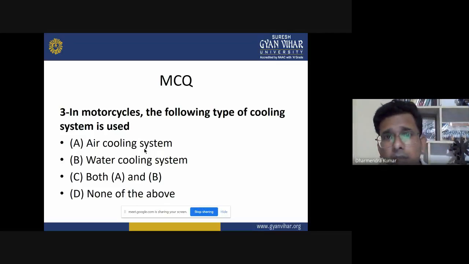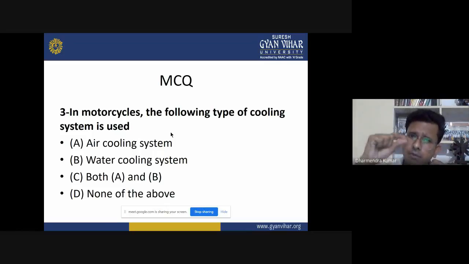In any motorcycle, the engine is located outside in the surrounding air, and when we ride a bike, air strikes on the engine. For a strike of more air to the engine, we have seen that fins are located on the upper parts of the engine.